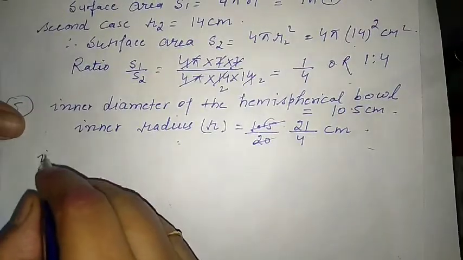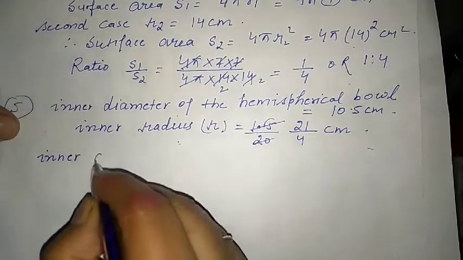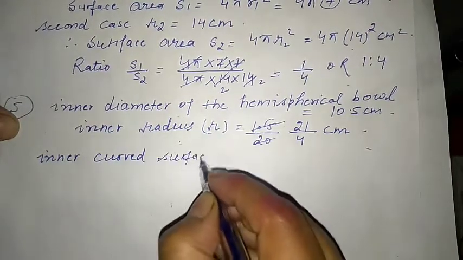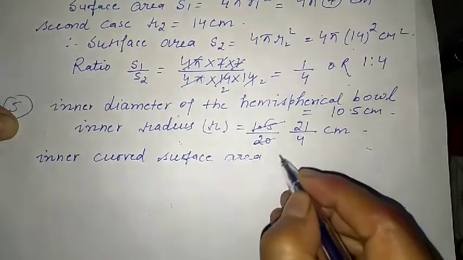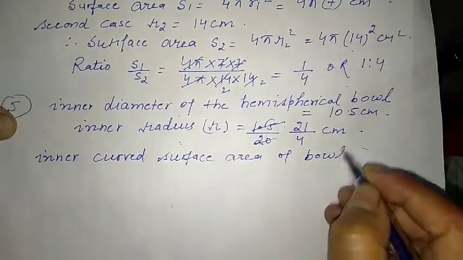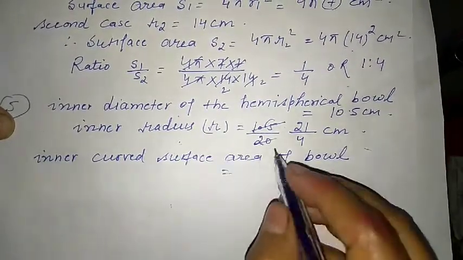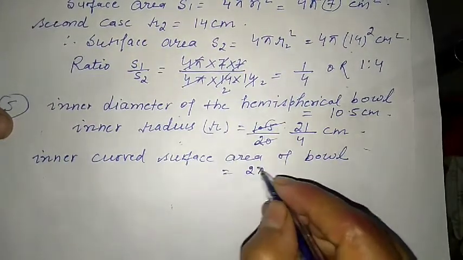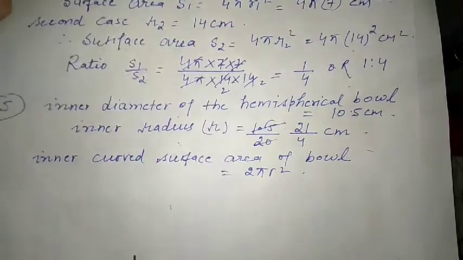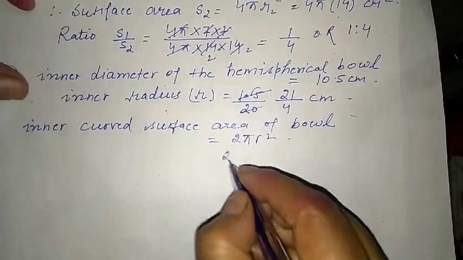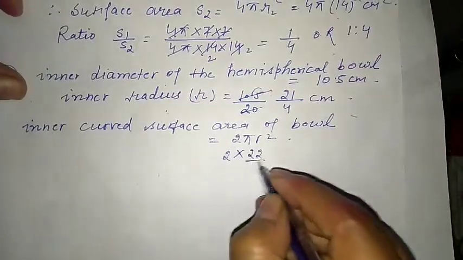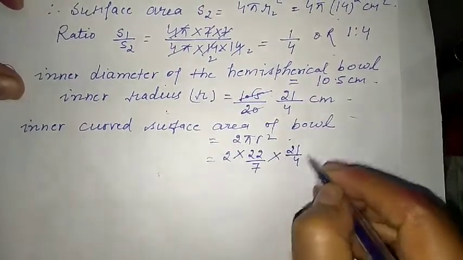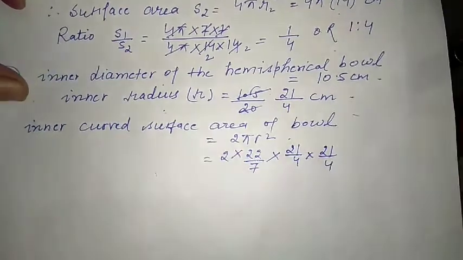Now we'll find here inner curved surface area of ball. Because this is a hemisphere, we are having 2 pi r square. So 2 into pi is 22 upon 7, r we are having 21 upon 4, 21 upon 4.